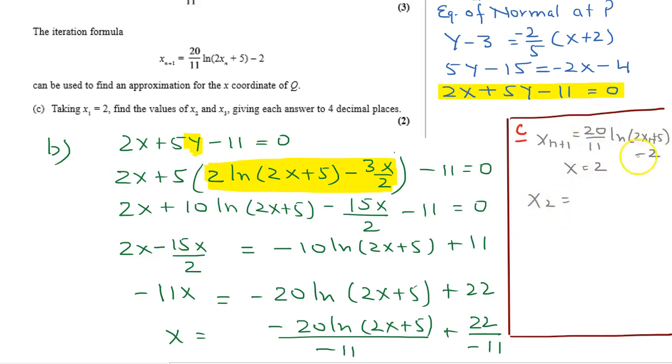So you can simply put the value of this will be 20 over 11 ln, this is 4 plus 5, 9, and minus 2. So you can get the value of x2 and you can get the value of x3.